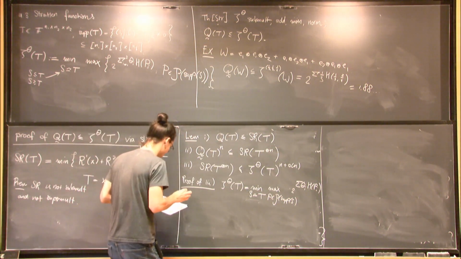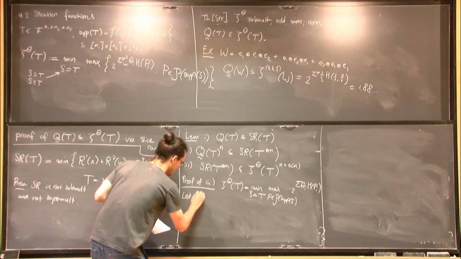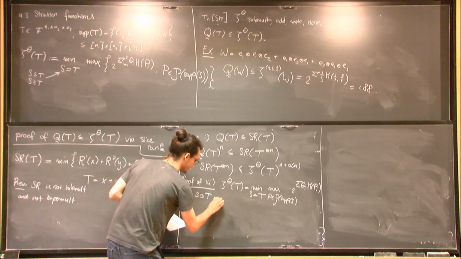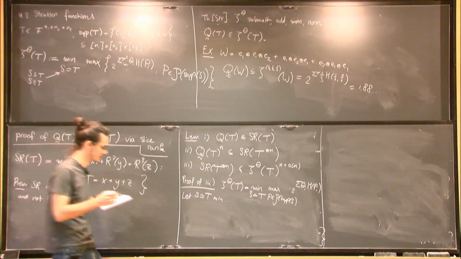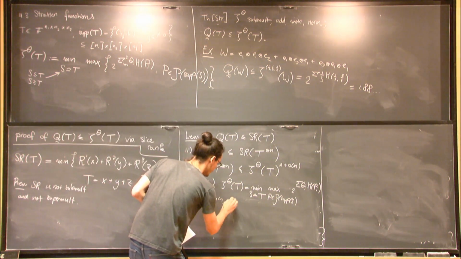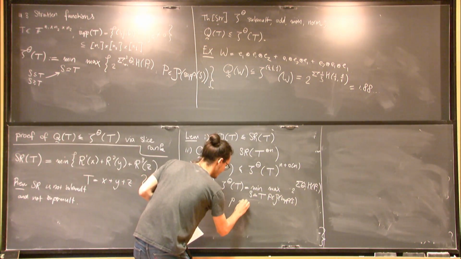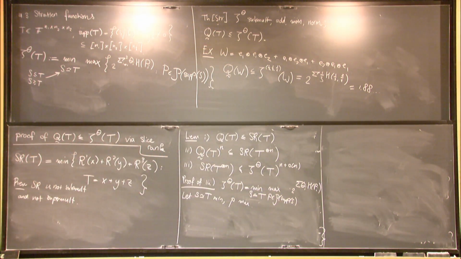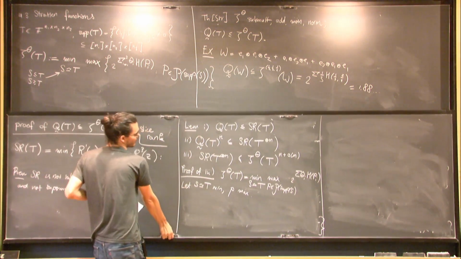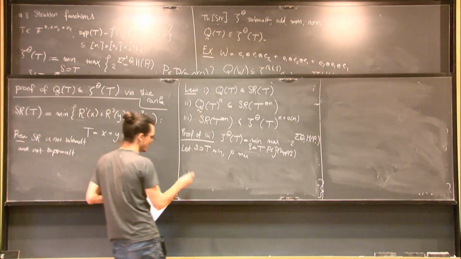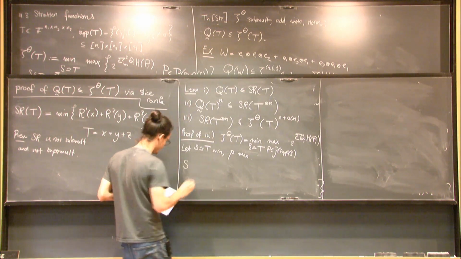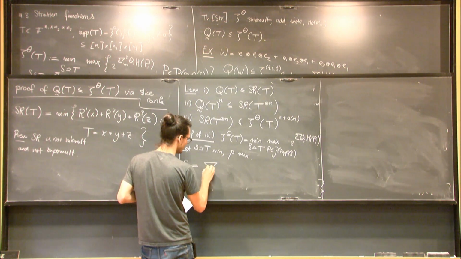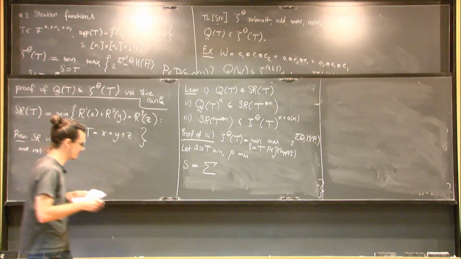So let's take S optimal, that is the minimizer of my minimization, and let's take P, that is the maximizer. Now what we do is we take our S and we simply write it down in the standard basis.